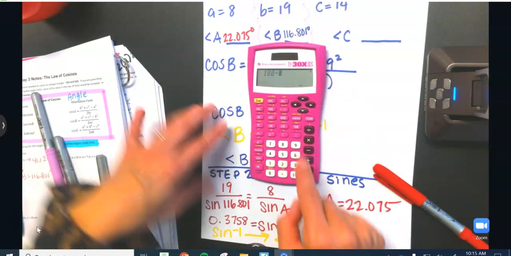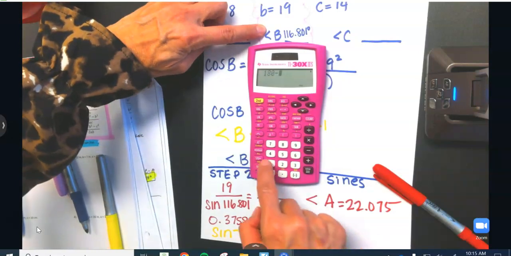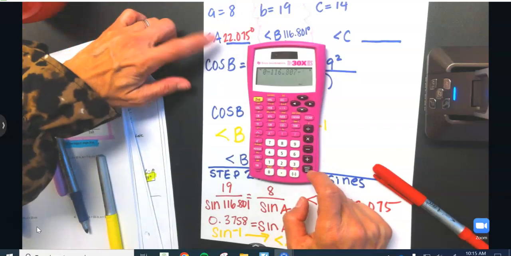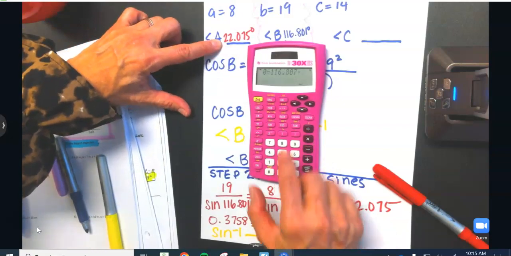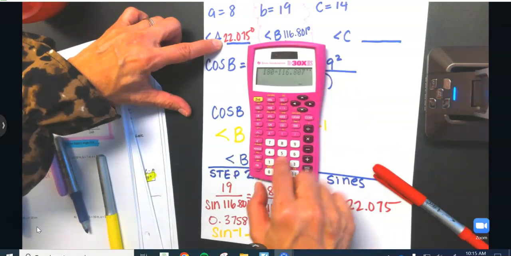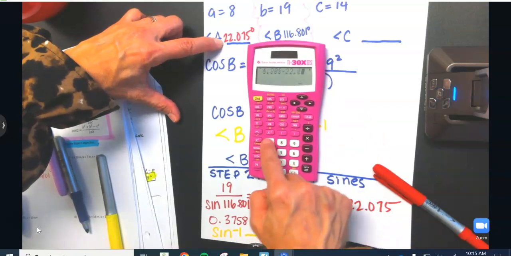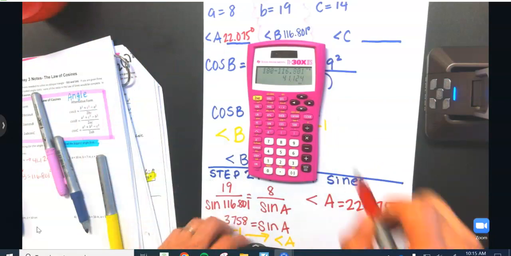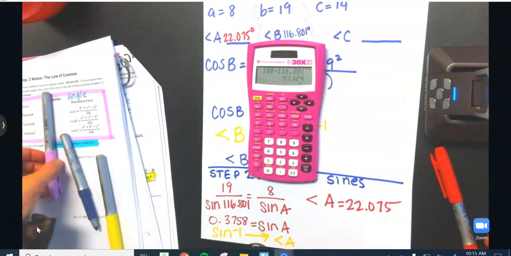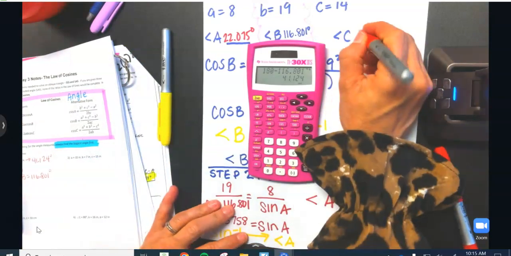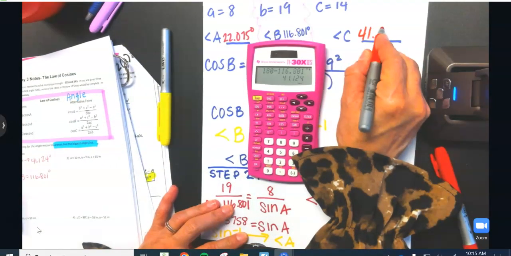And it's going to be 180 minus angle B of 116.801 minus angle A, which is 22.075. So angle C is going to be 41.124 degrees.